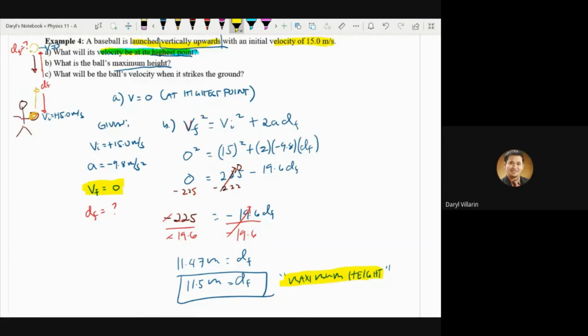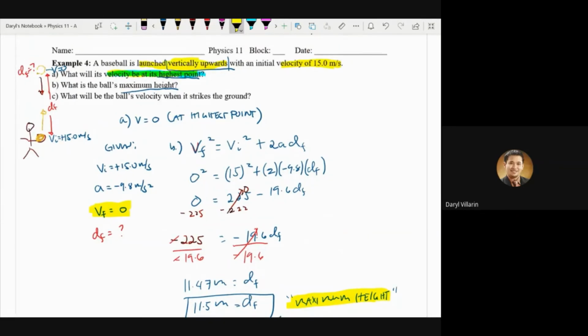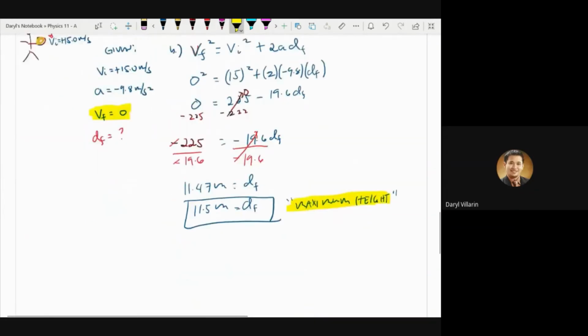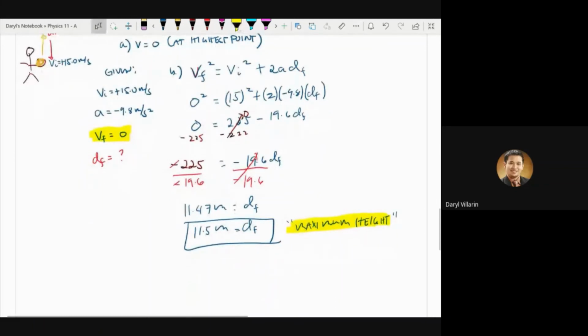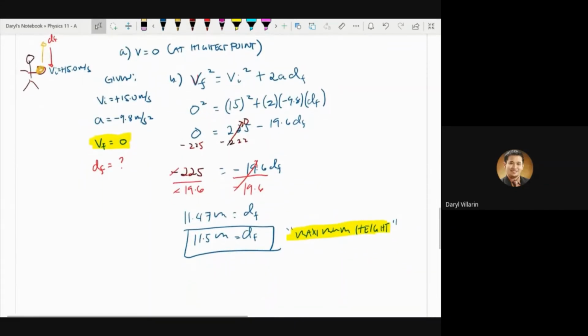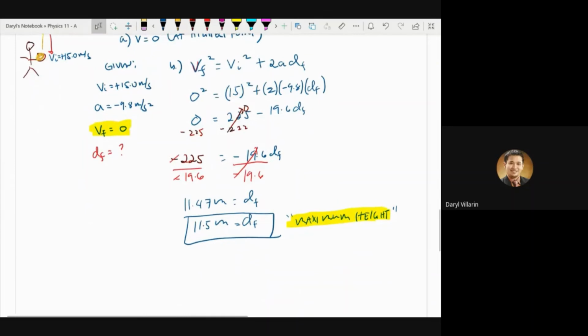Again, this is just for the case wherein it's being thrown vertically upwards. Anyway, I think the next note template is on projectile motion at a certain angle. But at maximum height, that should be 11.5.